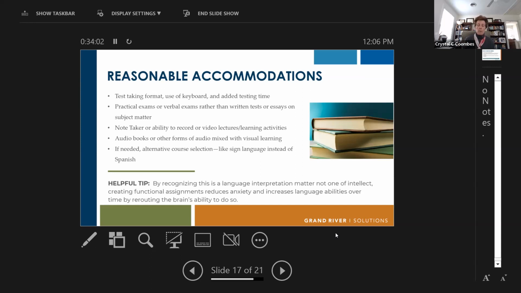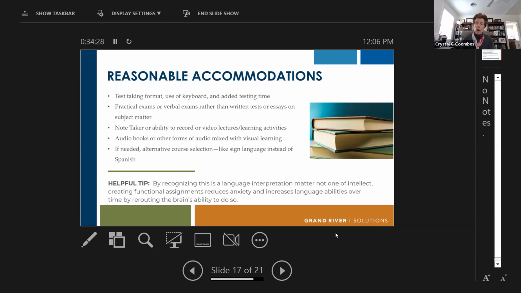So for example, I am a student with dyslexia, and let's pretend CCS requires that I take at least one semester of a language. Well, if I can't write it in English, how am I going to write it in Spanish or French or any other language? How am I going to learn to sequence it? And additionally, that other language may have different rules of grammar and punctuation. How am I going to learn to do that?